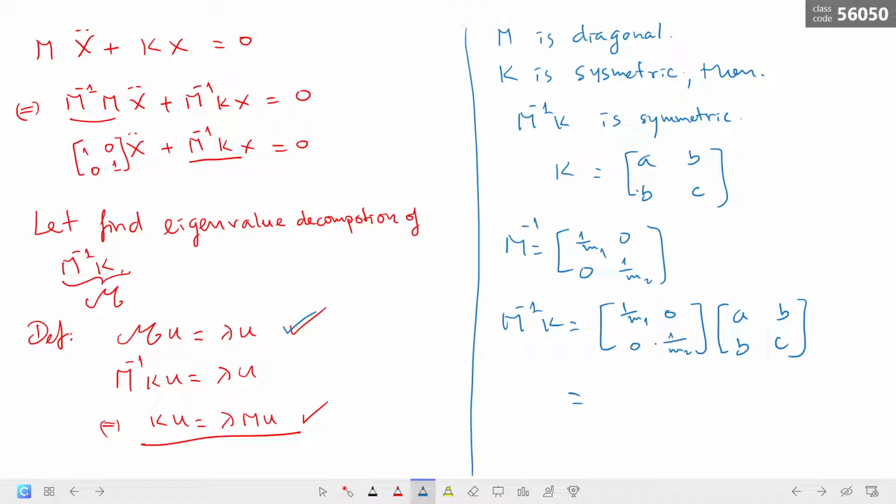It's not symmetric unless m1 equals m2, right?